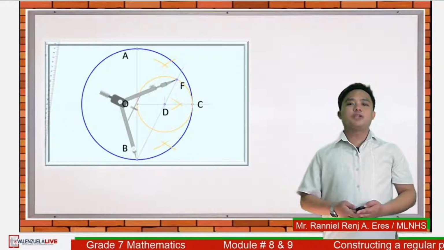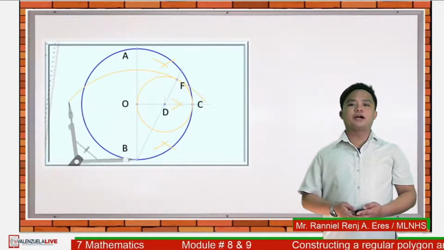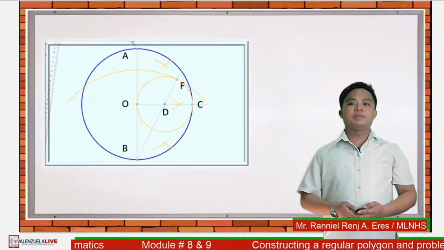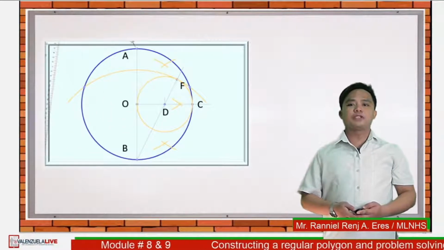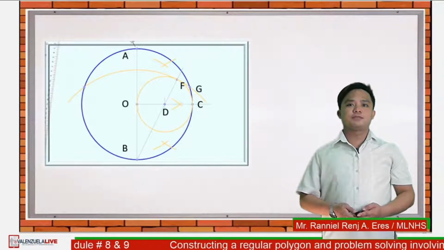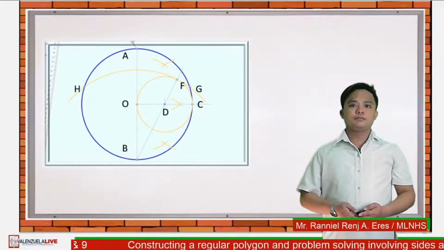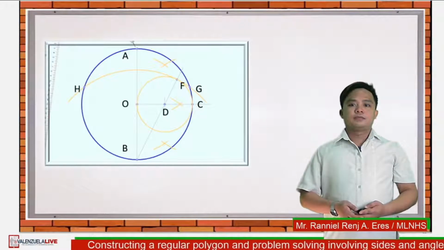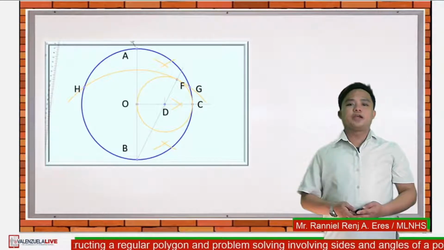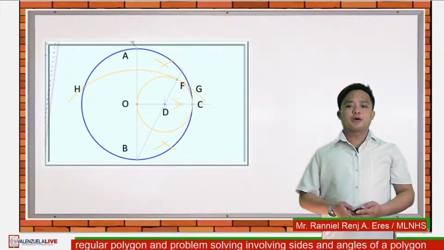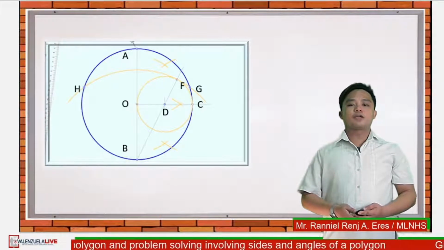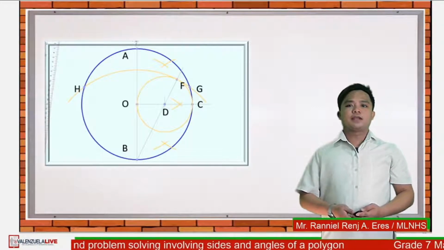Next is set the width of the compass at B and create an arc through F and name the intersection point on the big circle as point G. Next, measure the arc AG and use it as you draw broad arcs crossing the circle.